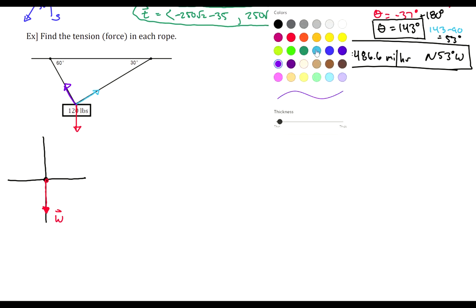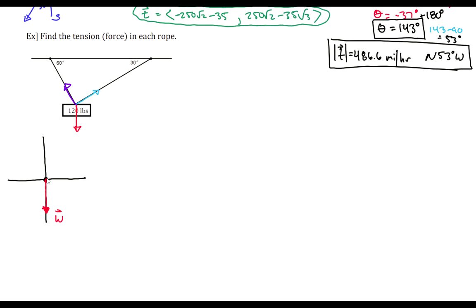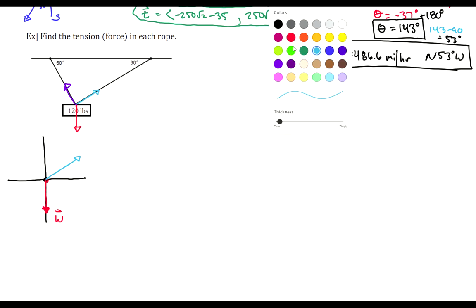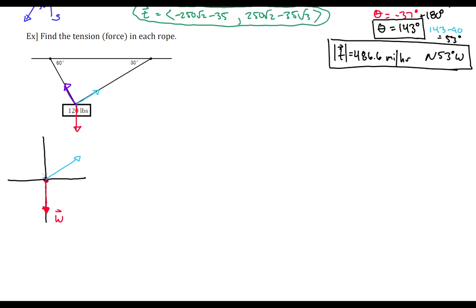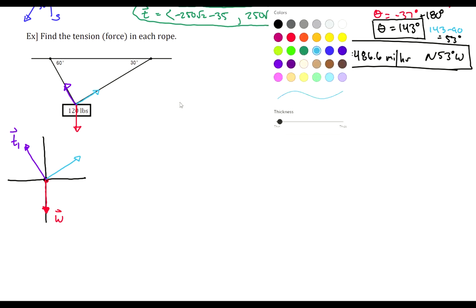So those we can also get sketched. I'm not really drawing them to scale, so the red one would probably be a lot longer compared to these two, but that's okay. And then our purple one is something like that. I'm going to call this purple one T1 because it's on the left, and this blue one T2.